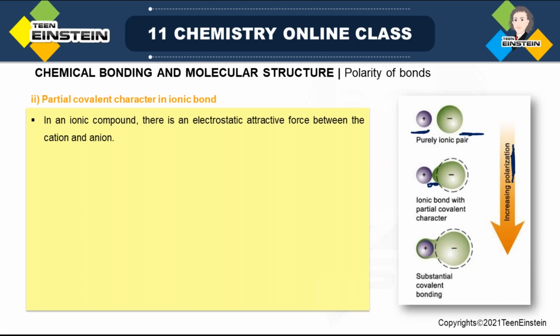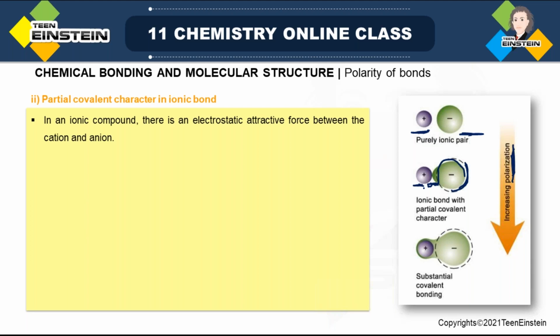If you follow this dotted line, it is maintaining the sphere. But if it is crossing this dotted line and reaching towards this cation, the electron density is no longer symmetrical, it is becoming deformed. It is approaching towards the cation.